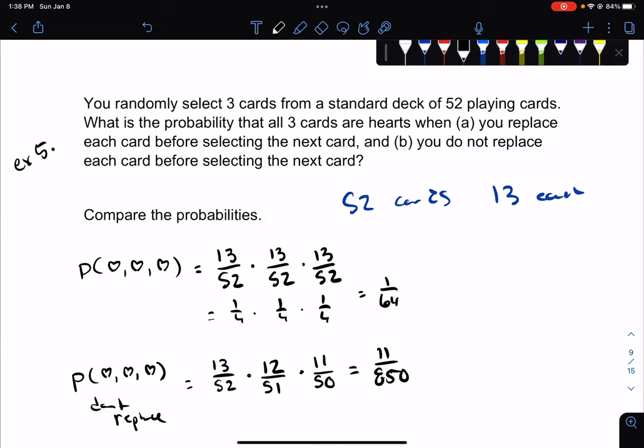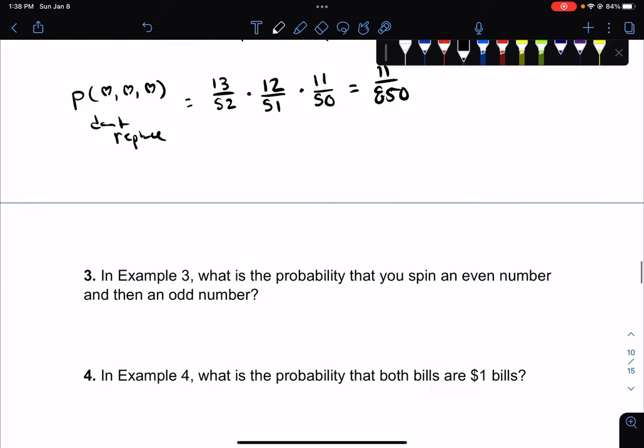There's 1 out of 64 chances if you do put it back. There's only 11 out of 850 if you don't put it back. So the chances if you do put it back seem like they're a lot higher than if you don't put it back. So, all right.